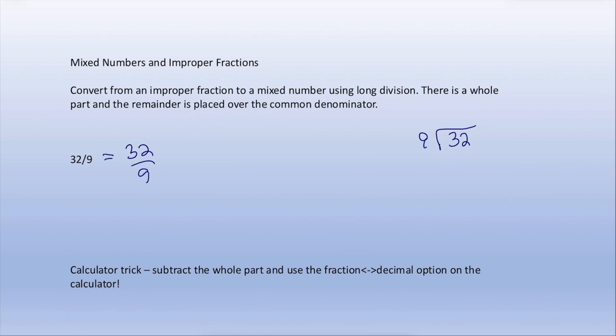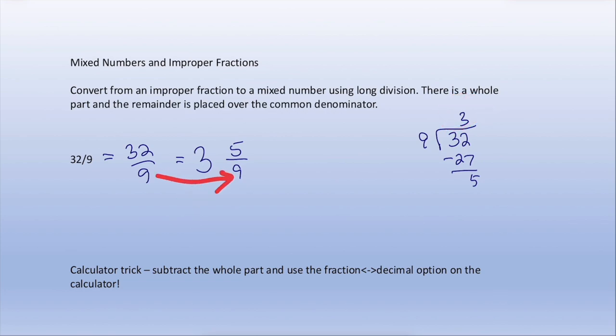And 9 goes into 32 3 times. Without going over, 3 times 9 is 27. And we've got to subtract 27 from 32. We have 5 remaining. So, okay, remember, we have 3 wholes. Our denominator was 9. This is where our remainder goes. Okay, so this is your whole part.